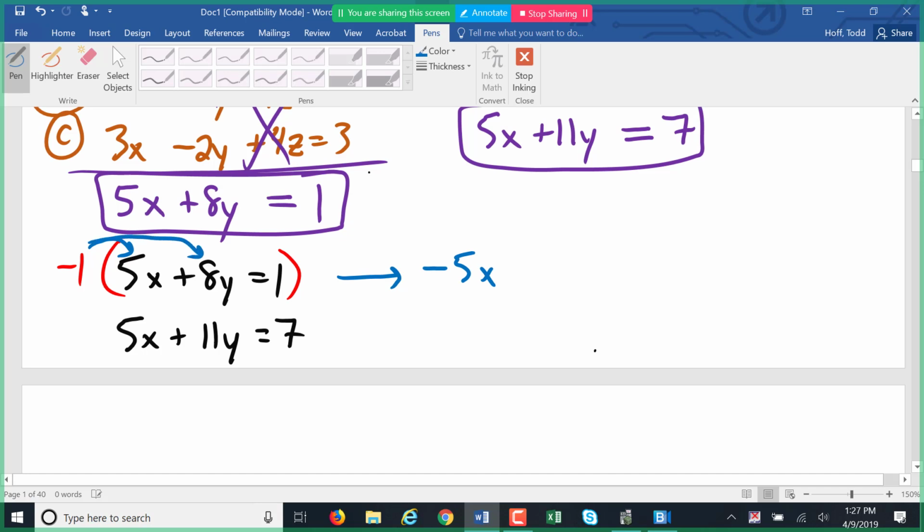Negative 1 times 8y is a negative 8y. Equals negative 1 times 1 is negative 1. The bottom equation we're going to leave alone. 5x plus 11y equals 7.